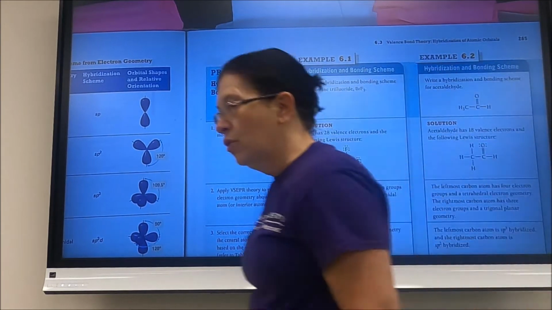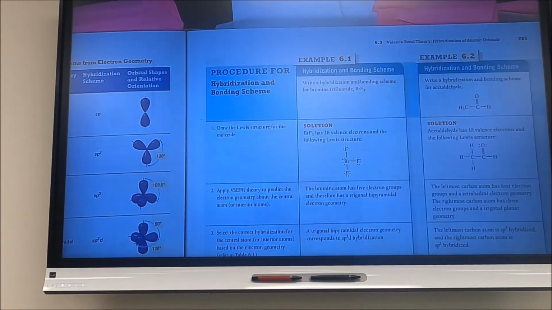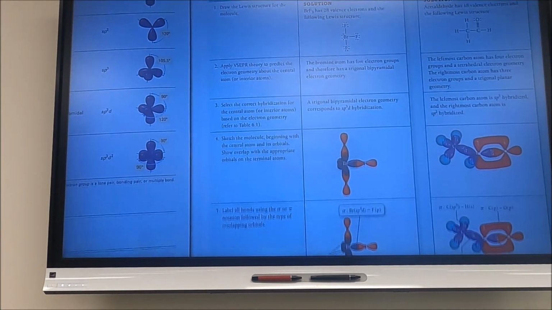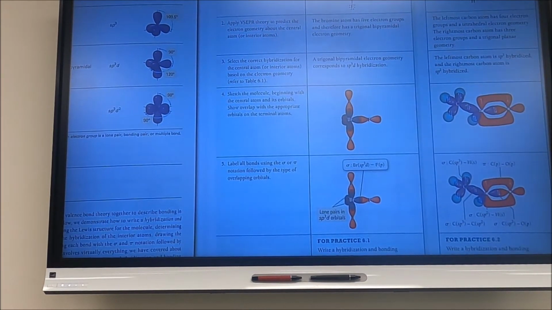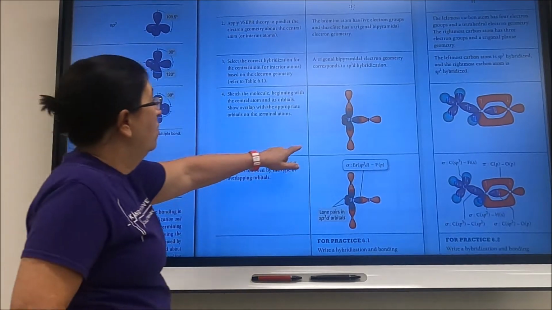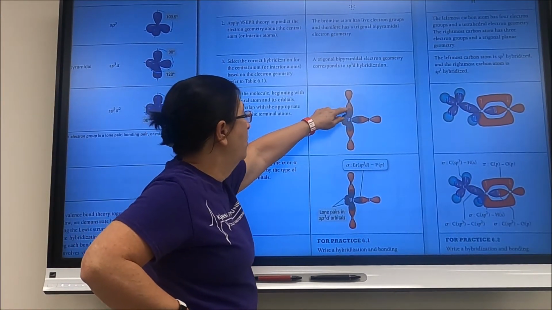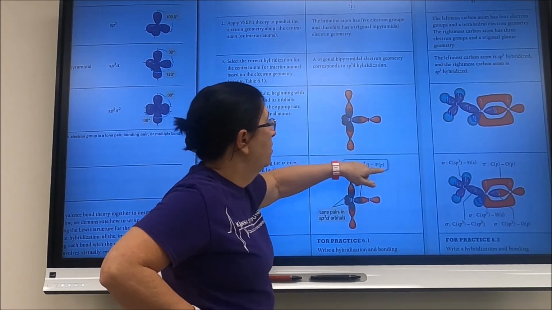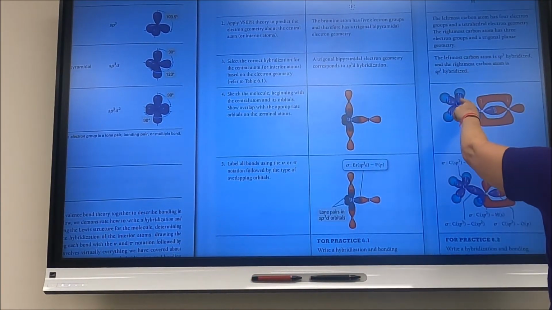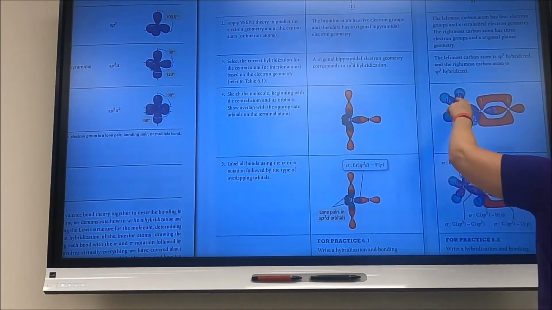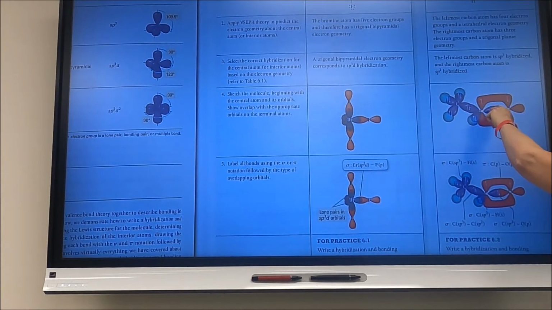Now, your book has some really pretty pictures. I wouldn't expect you to be able to draw them. They're showing the sp3 hybrid orbitals and the p's, the sp3d1, the s, the sp3.